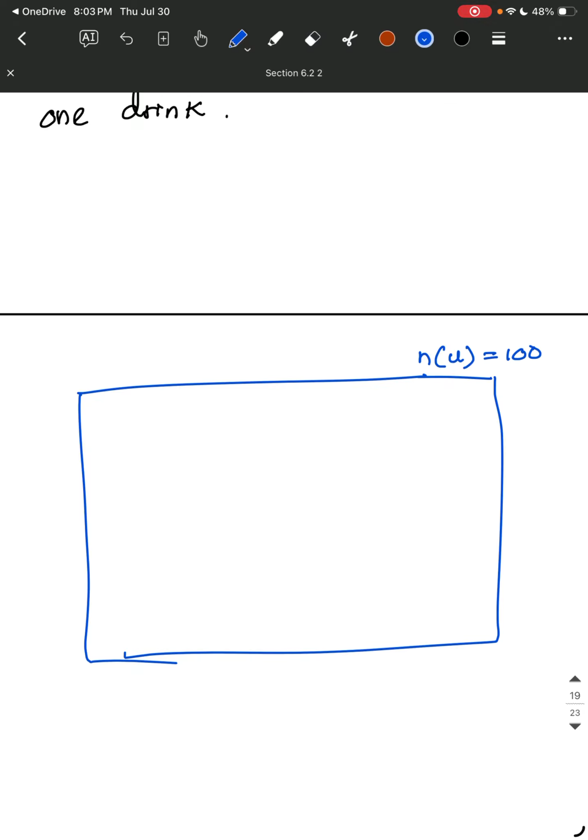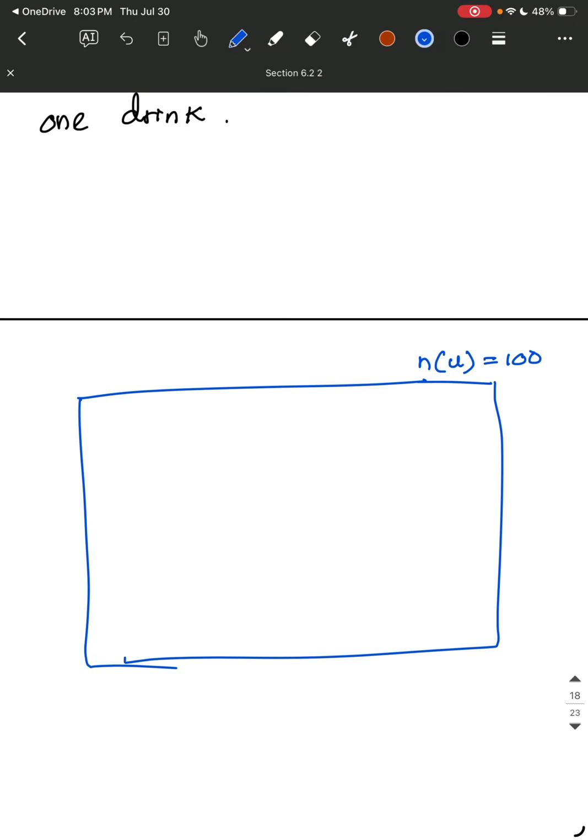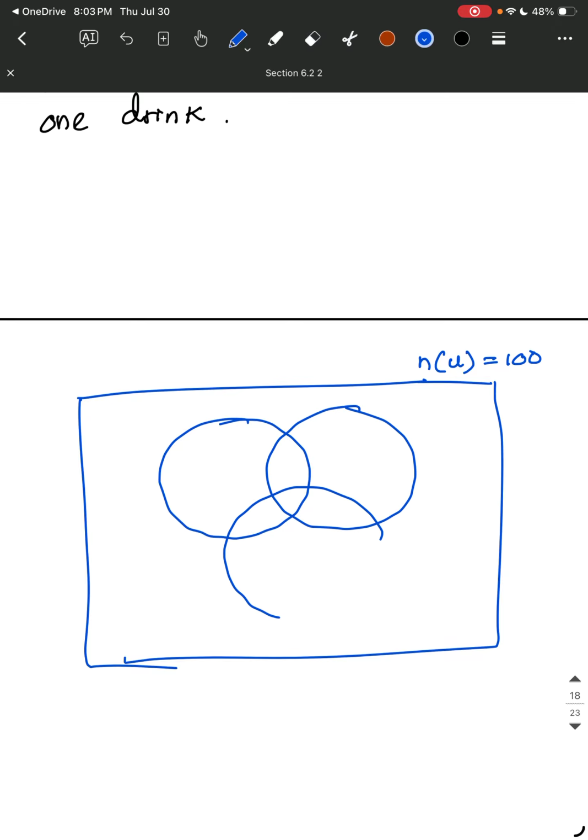And within the rectangle area, we have 3 subsets: tea, coffee, and juice.